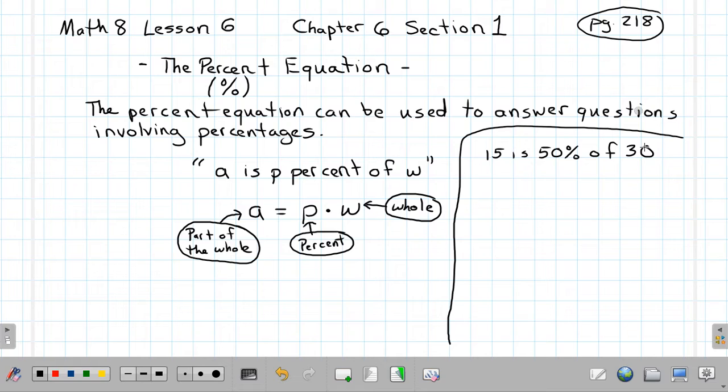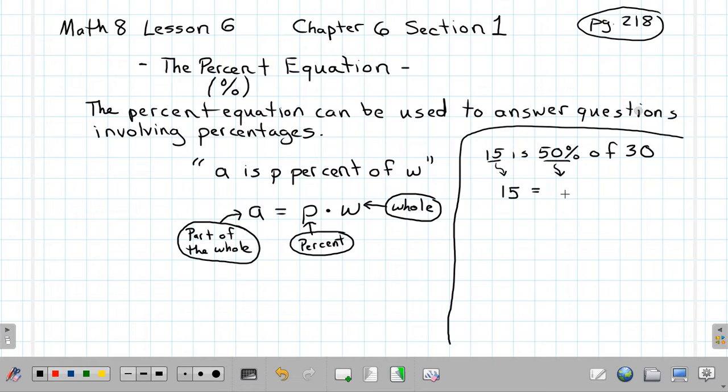So if 15 is 50% of 30, we can write that as an equation as 15, the part, is equal to 50%. But here's where we got to be careful, okay?